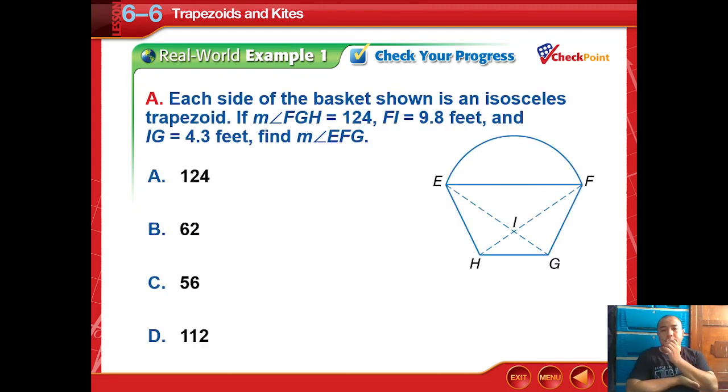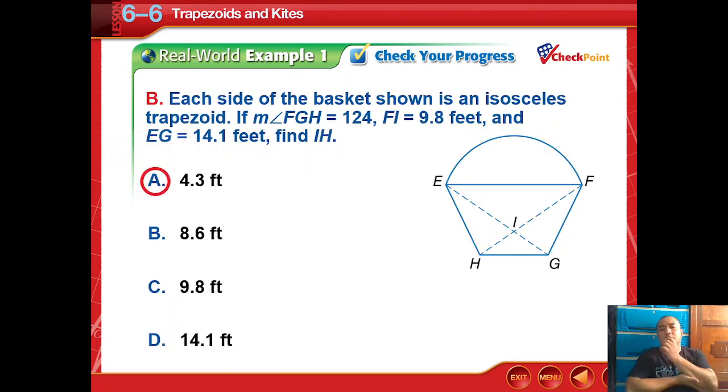Now, each side of the basket shown is an isosceles trapezoid. The measure of angle FGH is 124, FI is 9.8 feet, and IG is 4.3 feet. Find the measure of angle EFG. The answer is 56 degrees.